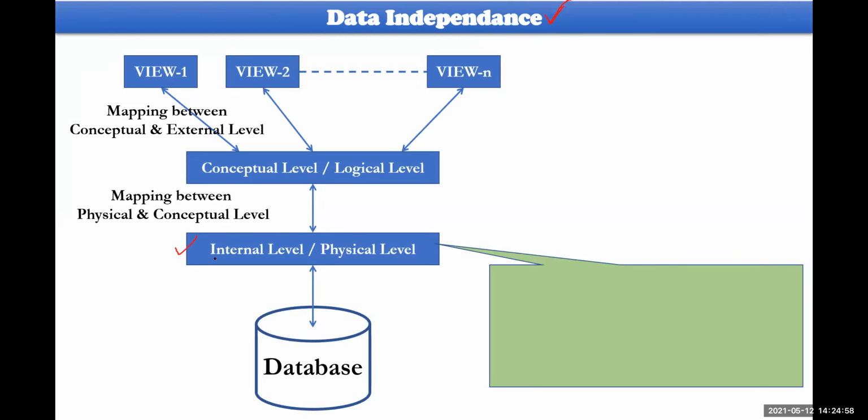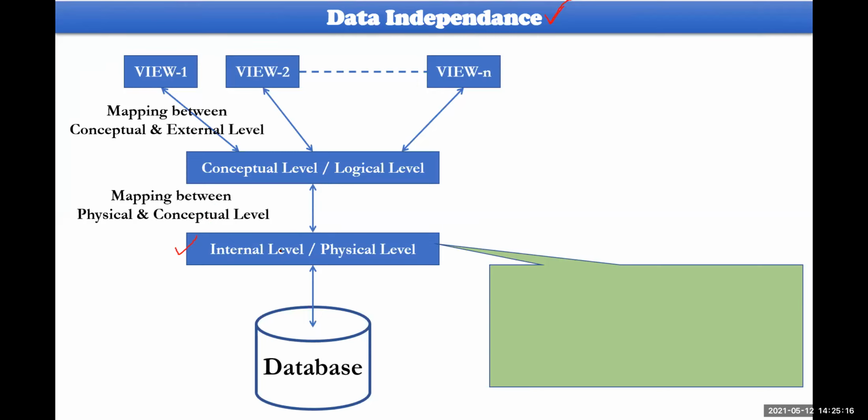For example, the internal schema does have some kind of modification. Already some structure has been created. Within that particular structure, any modification will be done by other persons. That modification shall not affect the conceptual and external levels. Such kind of not affecting is called data independence.